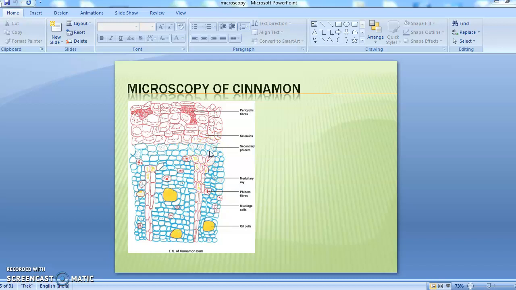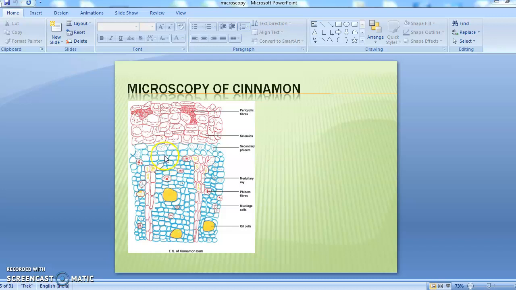It consists of subrectangular thin-walled cells with starch grains and numerous acicular crystals of calcium oxalate. Some phloem parenchyma cells contain tannin. You all know that bark shows a dark brown color. This brown color is due to the presence of tannin.